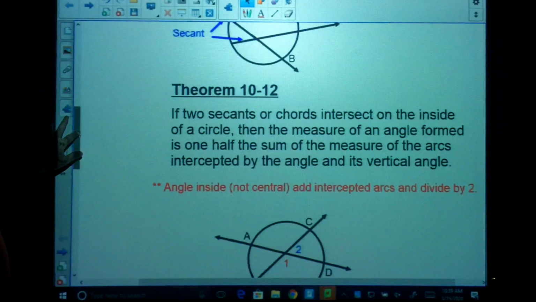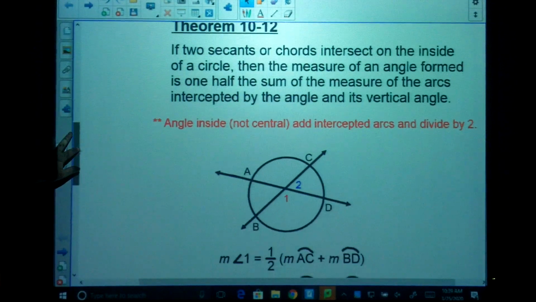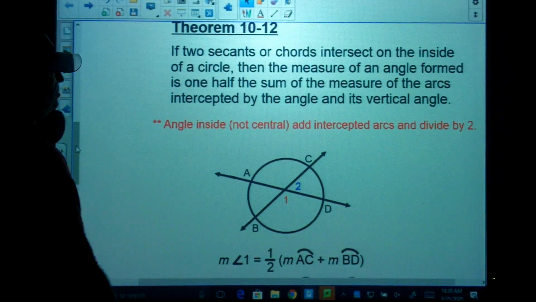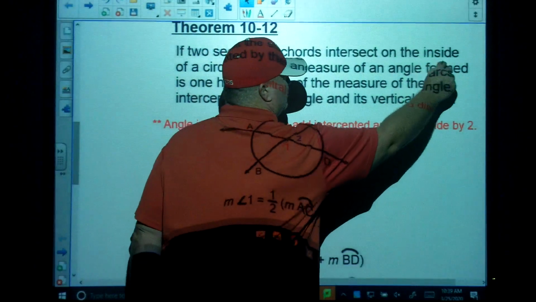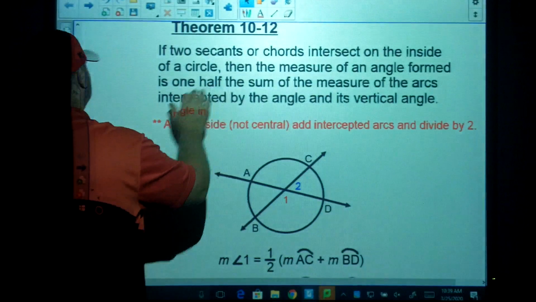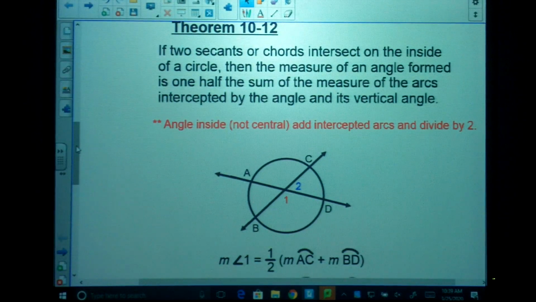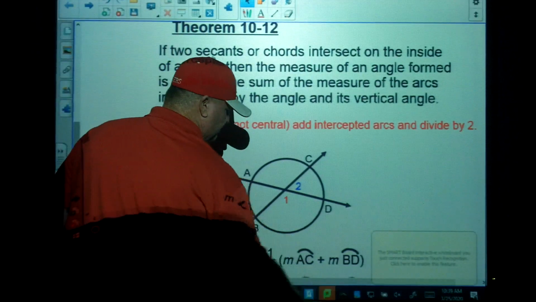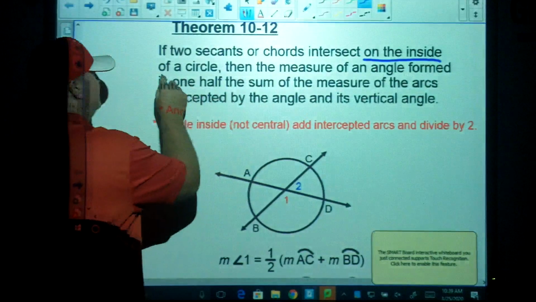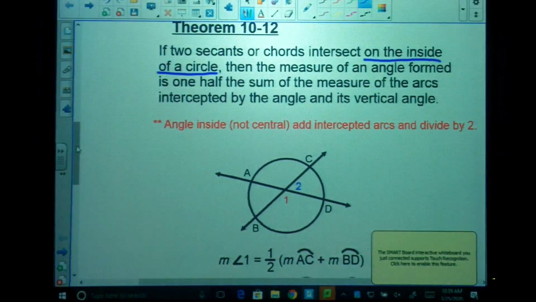Now, when you have 2 secants or chords that intersect on the inside of the circle, they're going to intersect inside of the circle.